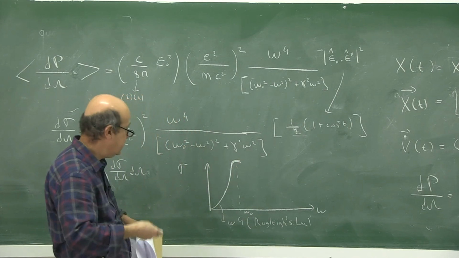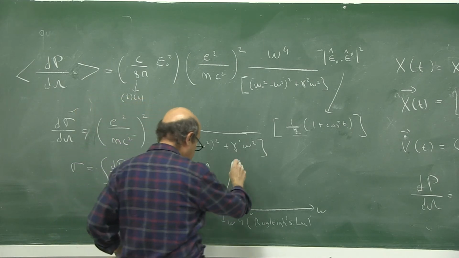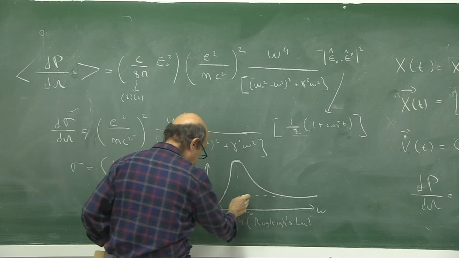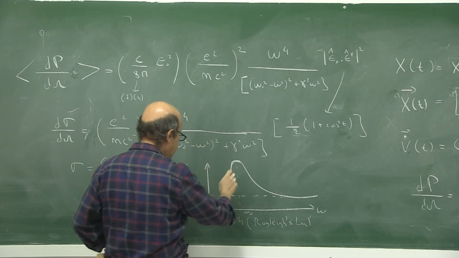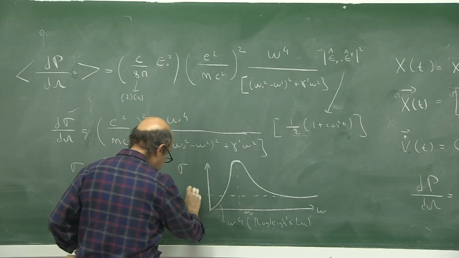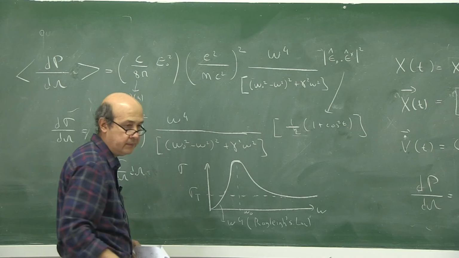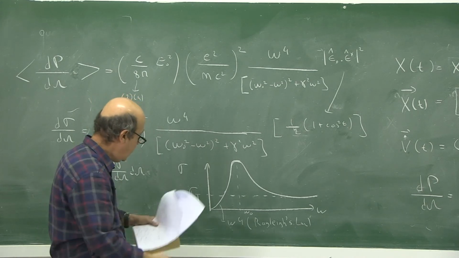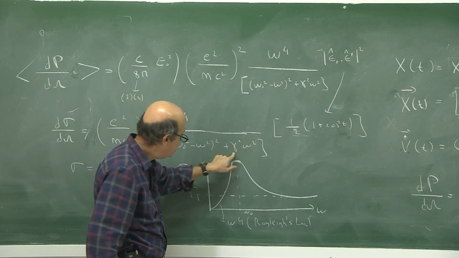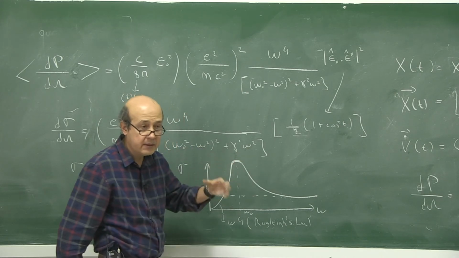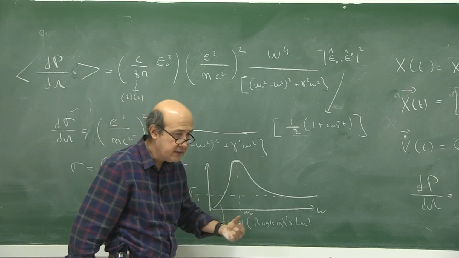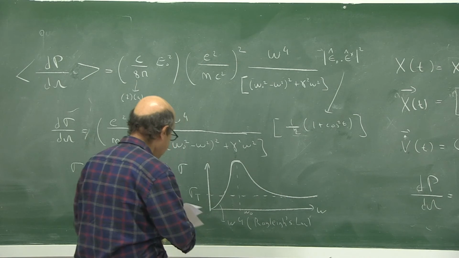And when the frequency is much higher than omega 0, it saturates and goes somewhere here, and this is the plateau. When omega is much greater than omega 0, that is the place of the Thomson scattering. And the width of this is related to gamma. Gamma is related to the radiation reaction force. So it's related to the damping.